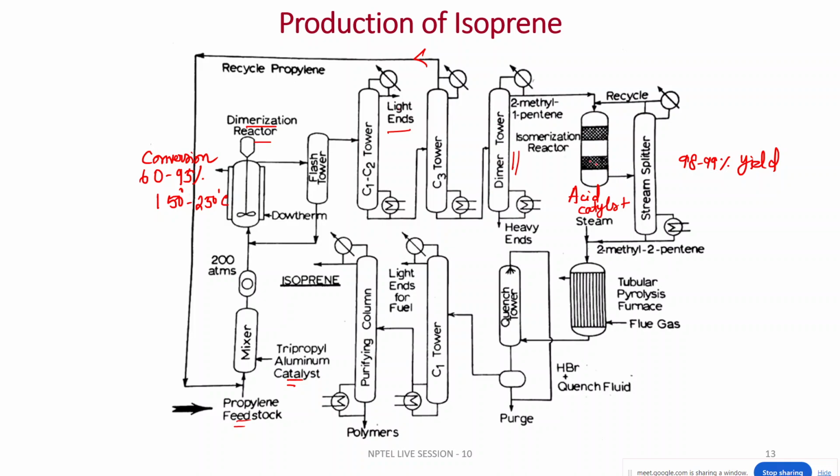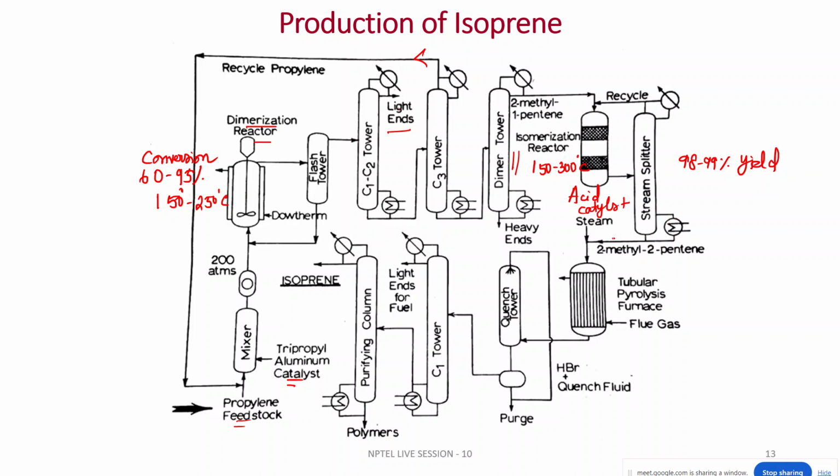In the isomerization reactor, as we have already discussed, the temperature is 150 to 300 degrees Celsius, and it takes a lot of contact time, like a few hours, and a space velocity of 0.15 to 0.5. Whatever is not isomerized, the unreacted product, is taken out as top and recycled back to the isomerization reactor again.